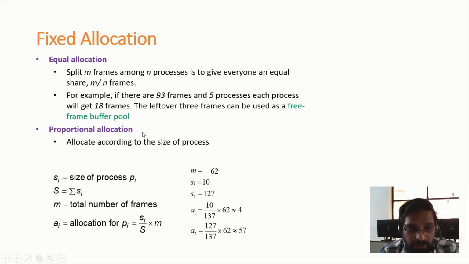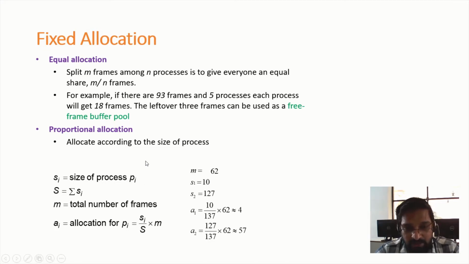In proportional allocation, we allocate frames to the processes based on the size of the process. In order to achieve this, we use the following formula. Pi, referring to processes P1, P2, P3, P4, is equal to Si divided by S, multiplied by M. Si refers to the size of the process, capital S refers to the sum of the sizes of all the processes, and M refers to the total number of frames available inside the RAM.